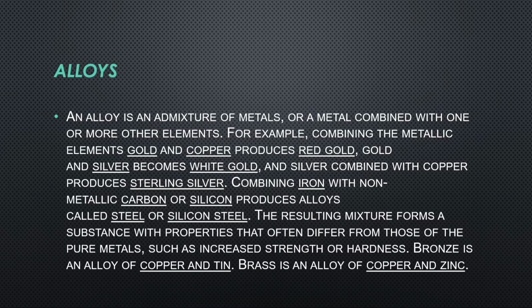Combining iron with non-metallic carbon or silicon produces alloys called steel or silicon steel. The resulting mixture forms a substance with properties that often differ from those of the pure metals, such as increased strength or hardness. Bronze is an alloy of copper and tin, whereas brass is an alloy of copper and zinc.